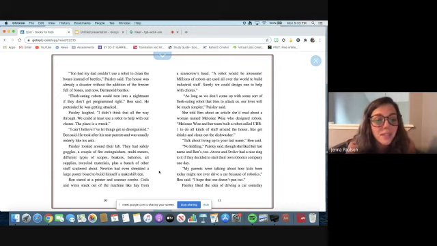Ben stared at a printer and scanner combo. Coils and wires stuck out all over the machine like hay from a scarecrow's head. A robot would be awesome. Millions of robots are used all over the world to build industrial stuff. Surely we could design one to help with chores. As long as we don't come up with some sort of flesh-eating robot that tries to attack us, our lives will be much simpler, Paisley said.